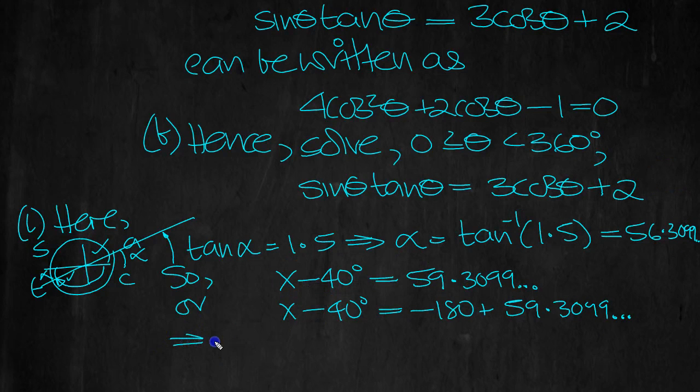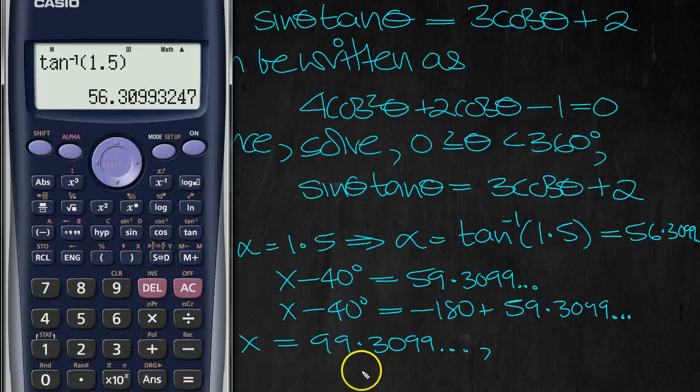So here x is equal to 99.3099, or, and then we've got minus 180. Right, well let's just tap it in the calculator.